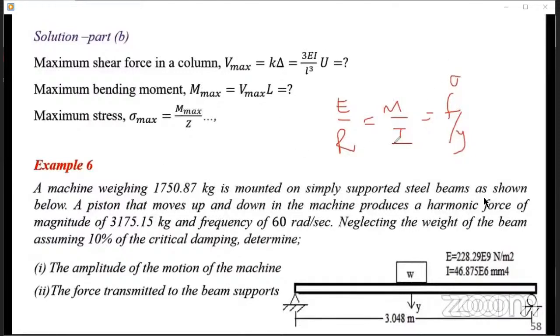We can use this component because the relation is standard. We want to calculate the stress, F, and this Y is the distance from the neutral axis to the extreme fiber. This is the moment.